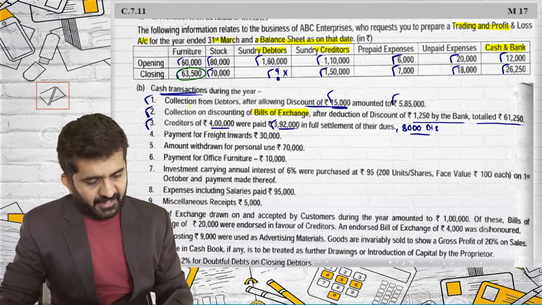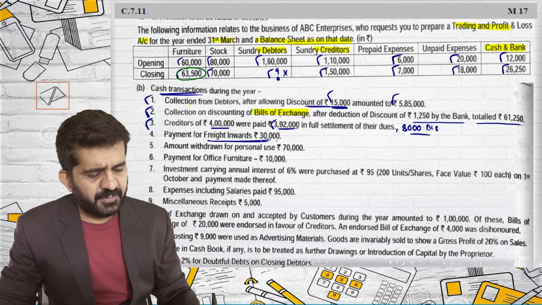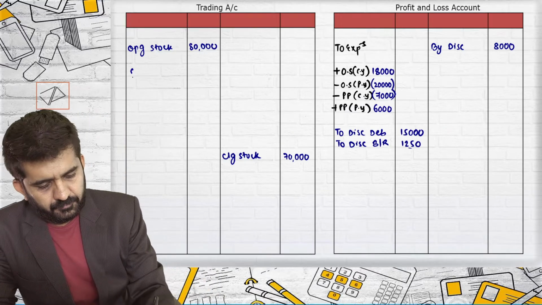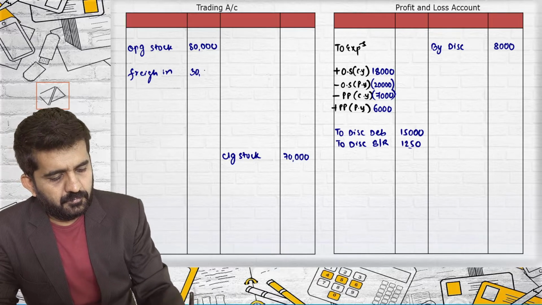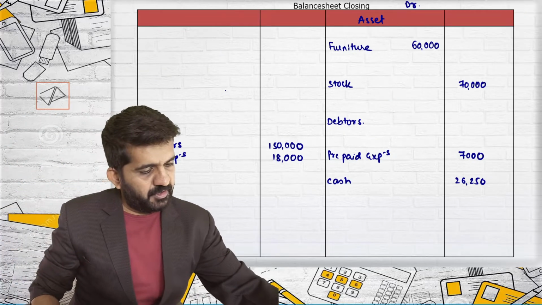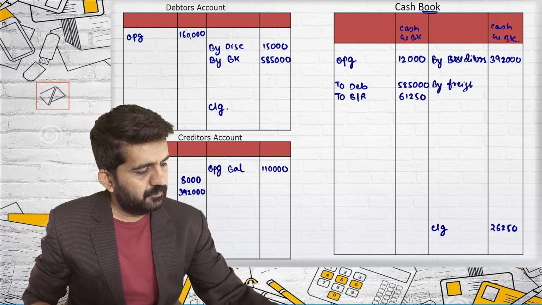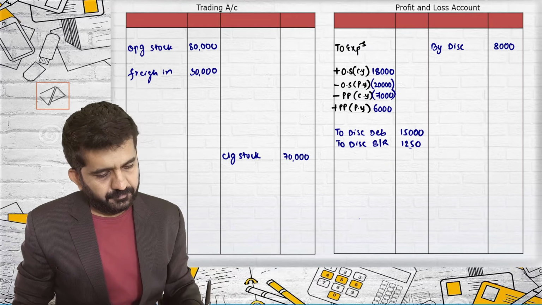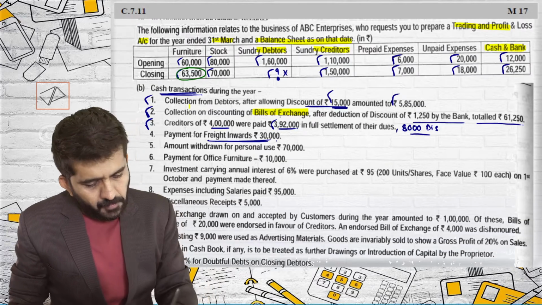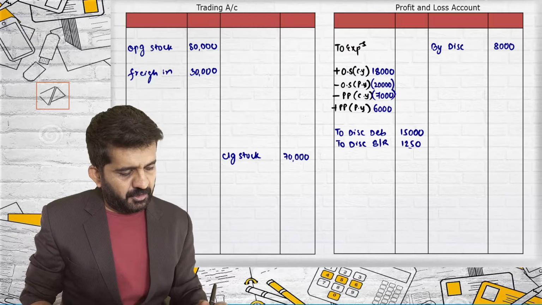Payment of freight inward. Freight inward is a trading account expense, 30,000. Bank account credit side 30,000. Amount withdrawn for personal use 70,000.